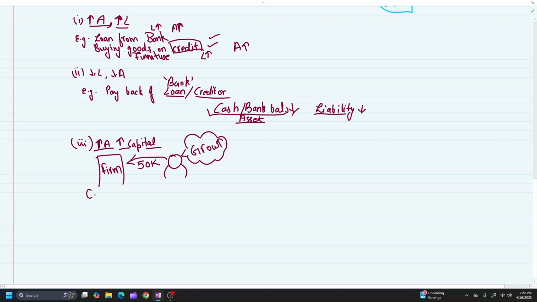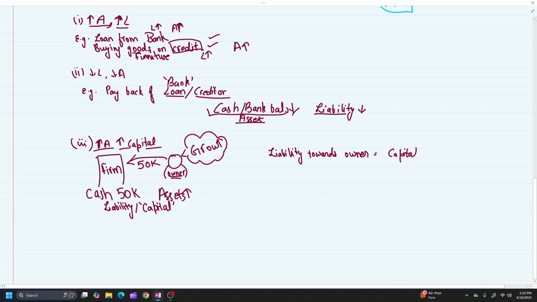According to the firm, it gets the cash of 50K, means assets increase, and liability, or you can say the capital. Capital, why? Because this is the owner. When the liability is towards the owner, liability towards owner is nothing but your capital. Okay, so let's use the term capital only.